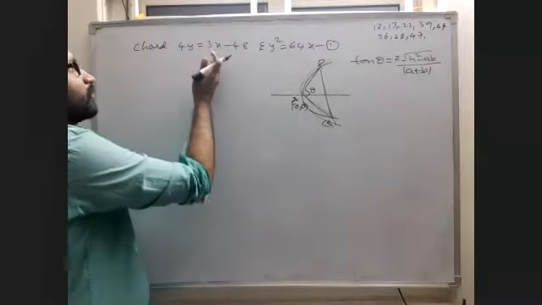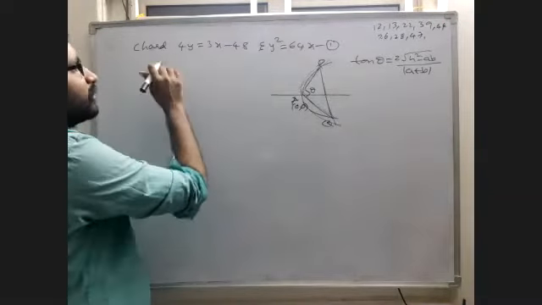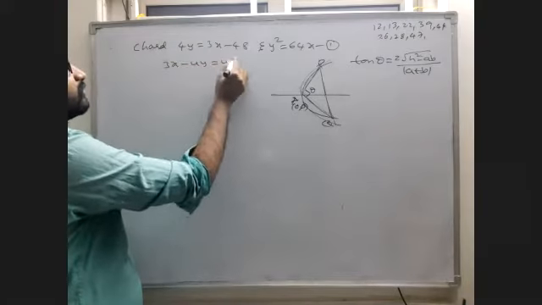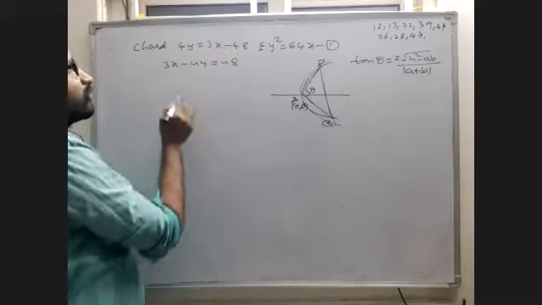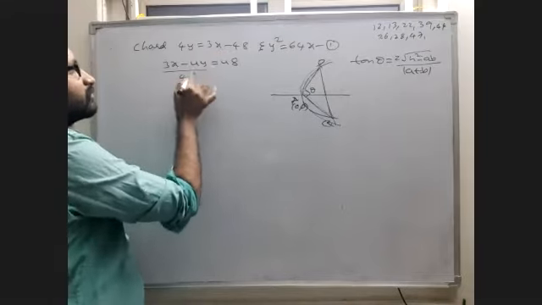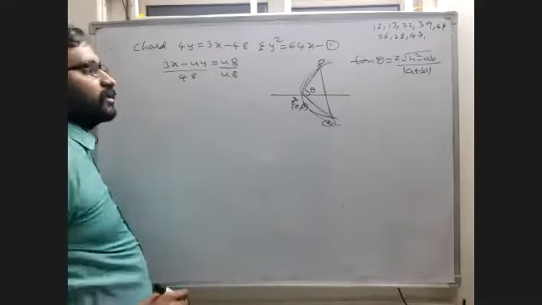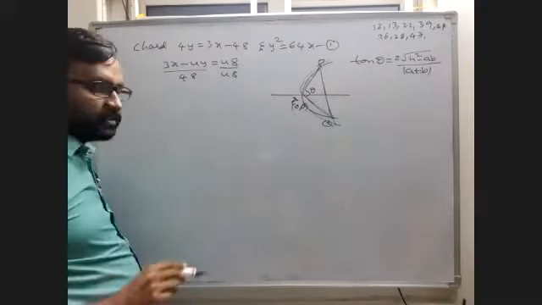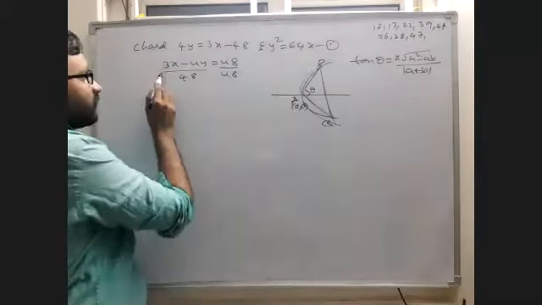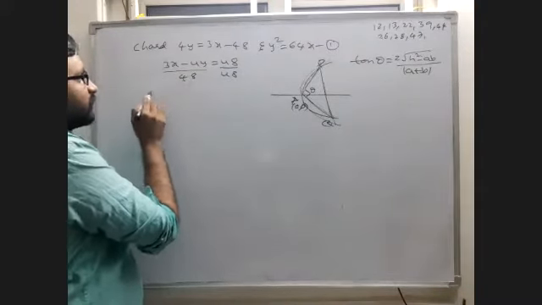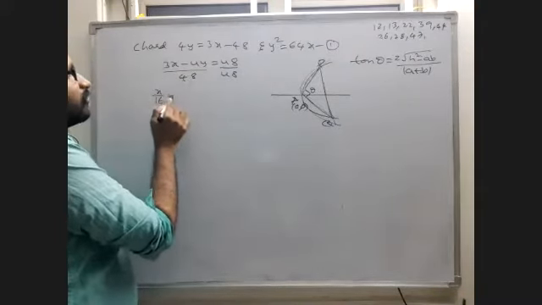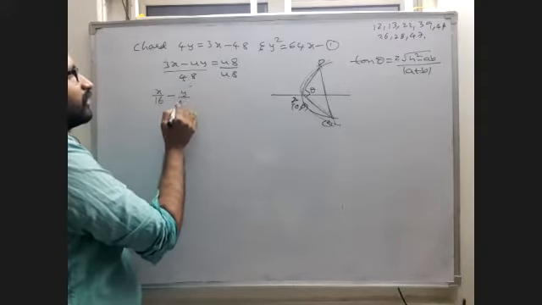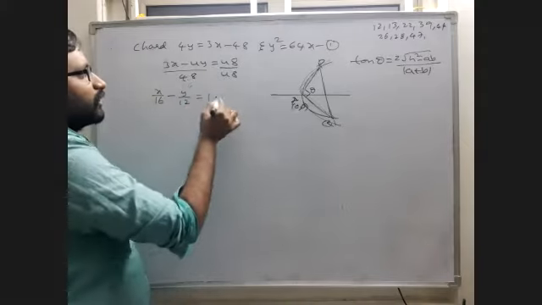That's why I'm taking 4y this side, 48 this side. That is 3x minus 4y equal to 48. Dividing by 48, you will get 3x by 48, 4y by 48. 3x by 48 is x by 16, minus 4y by 48 is y by 12, equal to 1, equation number 2.